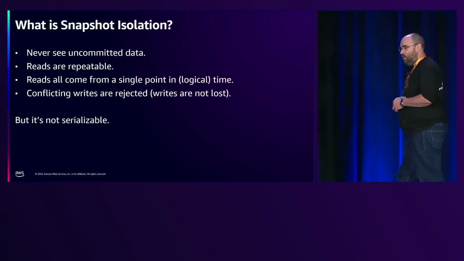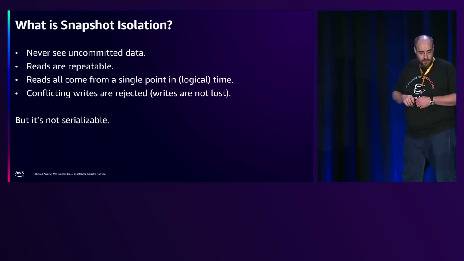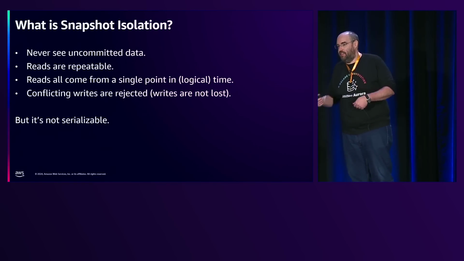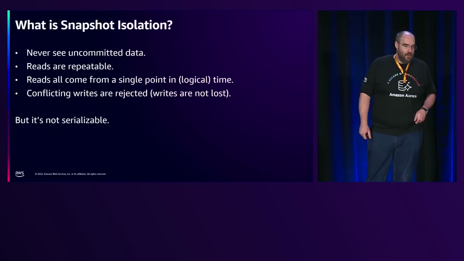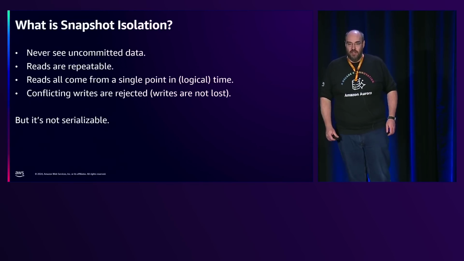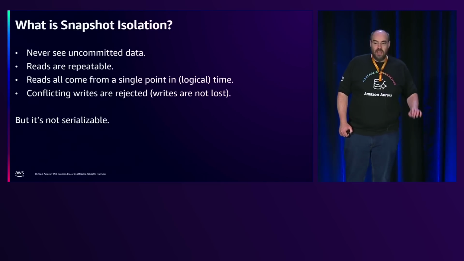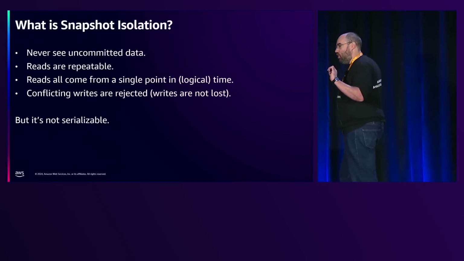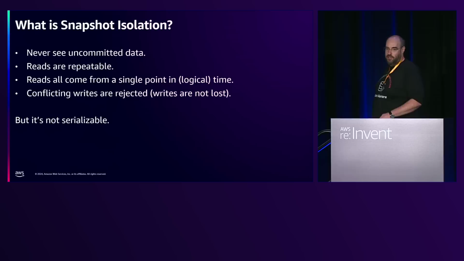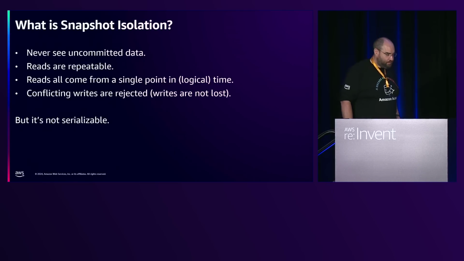It's just not even in your cone of view yet. Reads are repeatable. If you read the same row multiple times, you're going to see the same data every time. Unless you do a write, in which case you will see the effects of your write in addition to that read. All reads come from a single point in logical time that spans rows, it spans tables, it spans schemas.